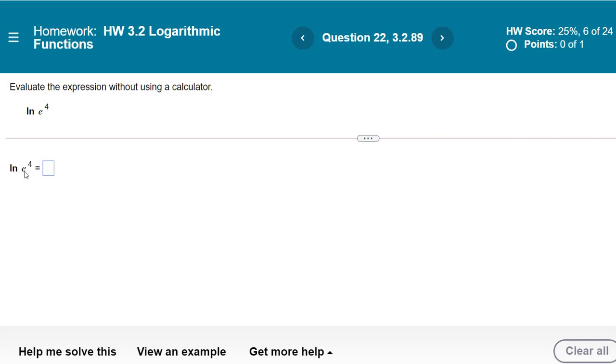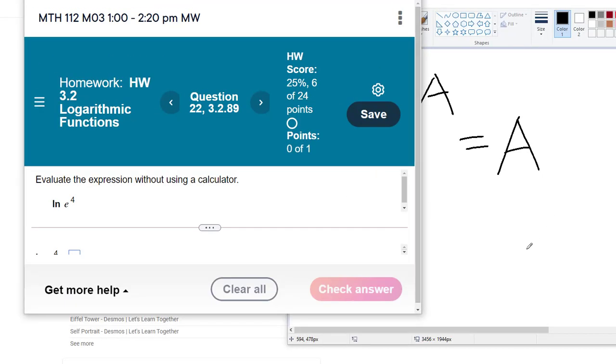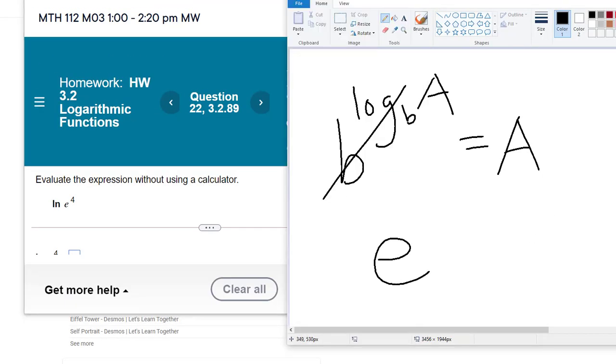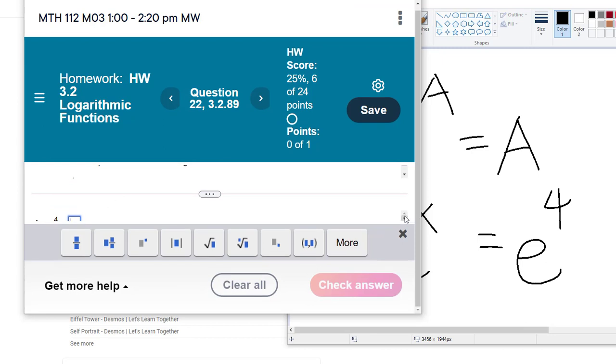Now this is the same. This is ln of e to the 4th, but remember the base of the natural log is e. So this is saying, what do you raise e to get e to the 4th? So that answer is going to be 4.